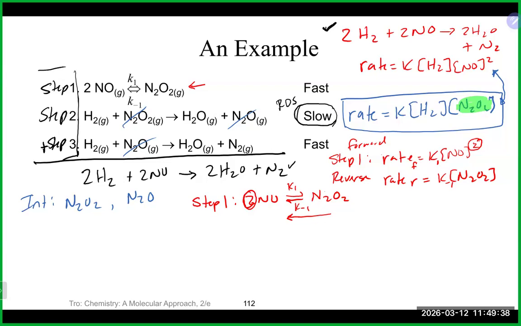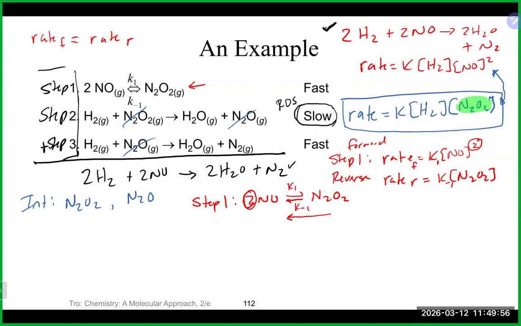And basically what chemical equilibrium means is the rate of the forward direction in this reaction will equal the rate of the reverse direction.